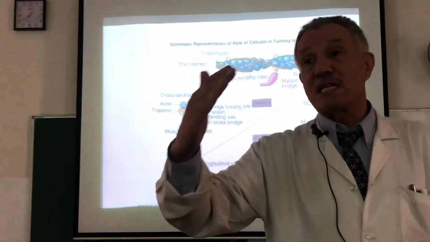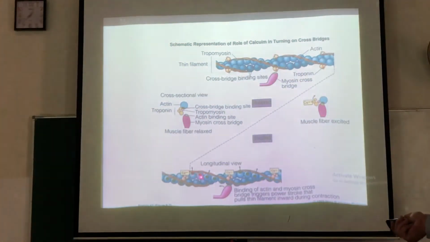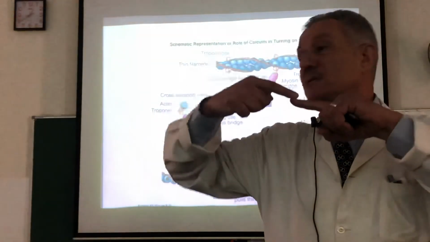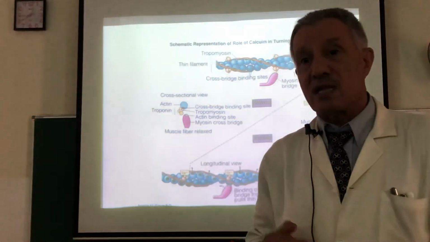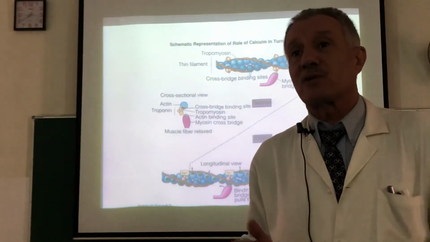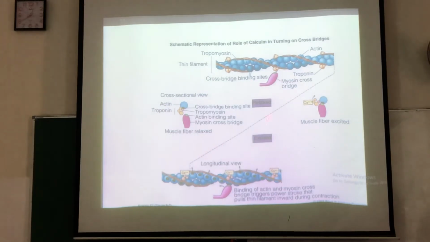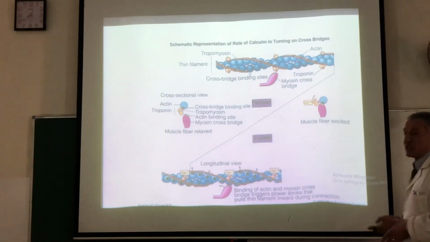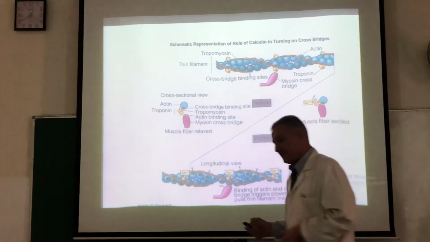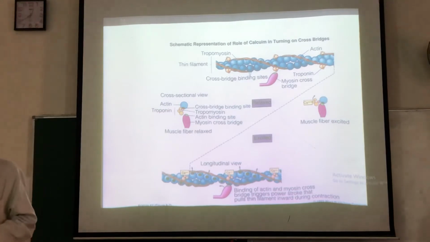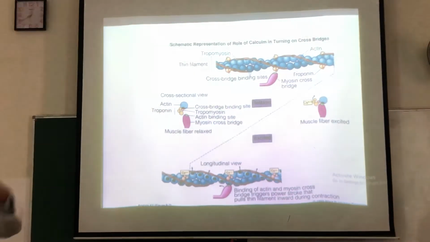Once you have displacement, now what happens to the binding sites? They are uncovered, and you can get interaction between thick and thin filaments, simply in that way, okay? So this is the process. We need calcium, which is important for muscle contraction. You will see from where we are getting that calcium and how we are getting the release of calcium later on.